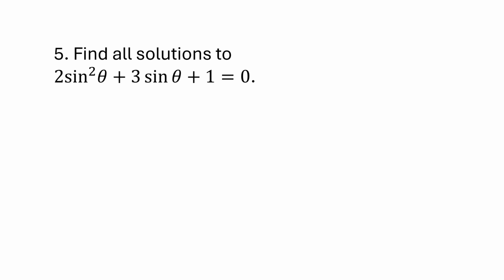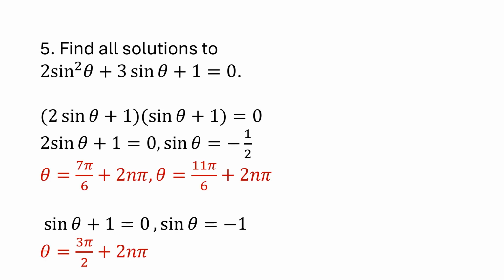Find all solutions to 2 sine squared theta plus 3 sine theta plus 1 equals 0. Well, here we have a factoring problem. It factors: 2 sine theta plus 1 and sine theta plus 1 equals 0.